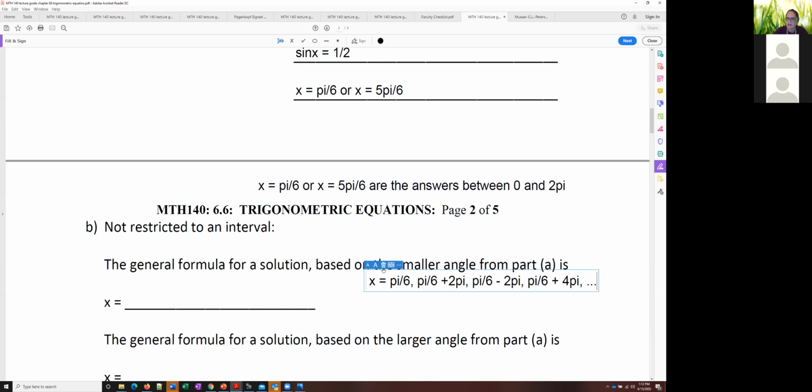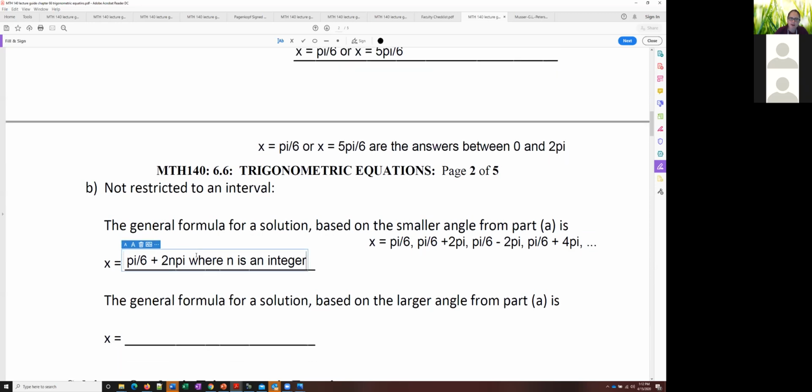So we can always start with one answer that we know and add on 2 pi or subtract 2 pi, or add 2 pi twice or subtract 2 pi twice. So we get a general formula, and it's going to be pi over 6 plus 2n pi, where n is an integer. Does that make sense?